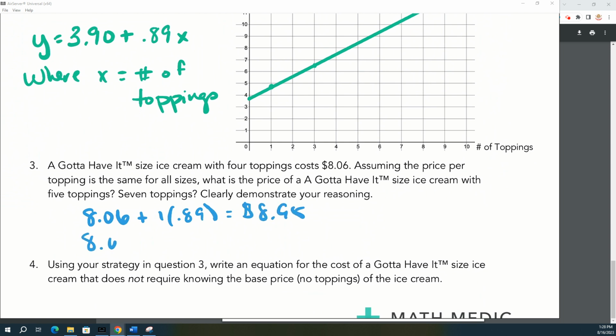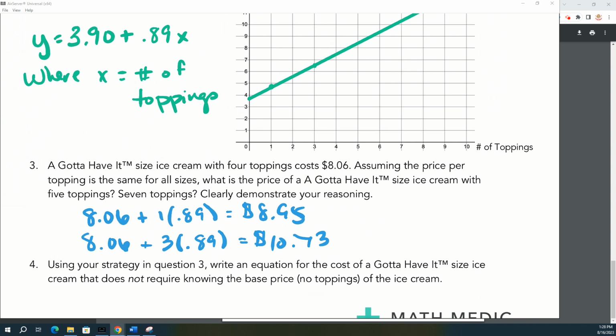And then for 7, you would add 3 of them. You add 3 89 cents. You add 3 slopes basically, because 7 is 3 more toppings than 4.